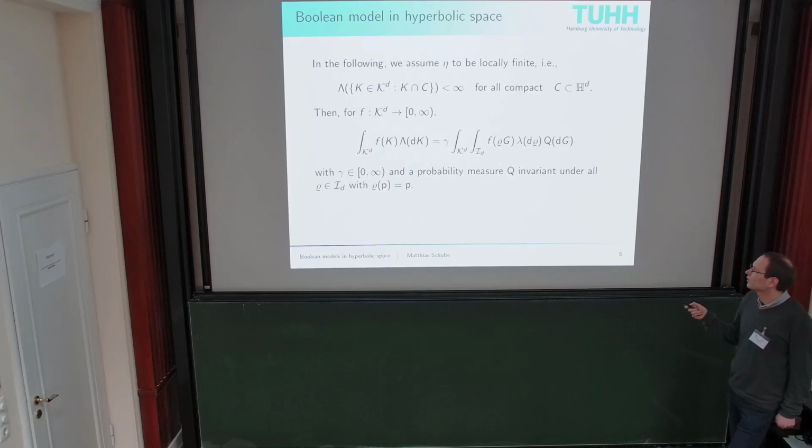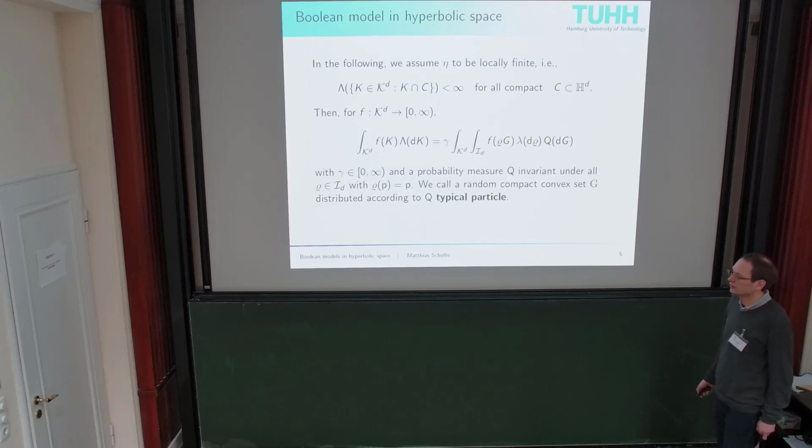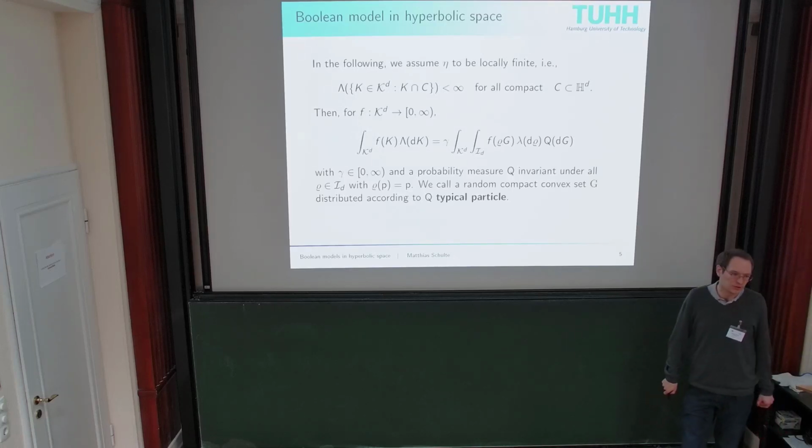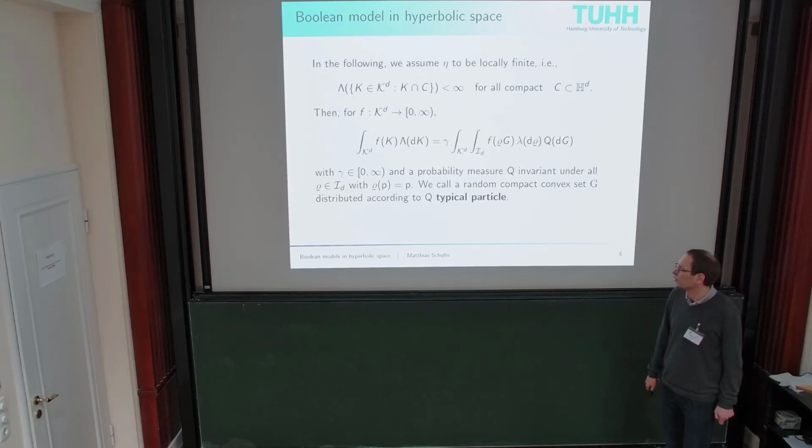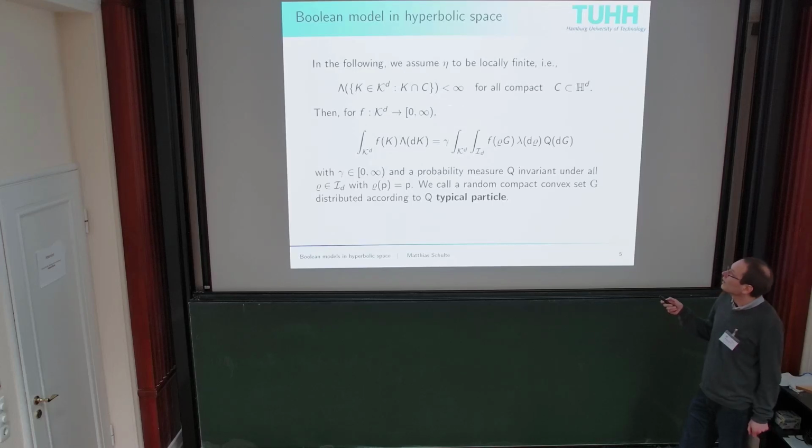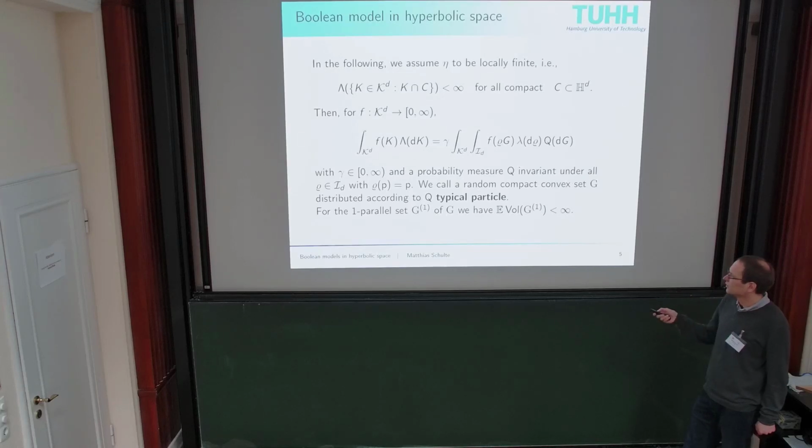Now we use this measure Q to introduce the so-called typical particle, which is just a random compact convex set distributed according to Q. And now, if this assumption here is satisfied, then we know the following, namely that G1, which is the one parallel set of our typical particle G, has a volume with a finite expectation.